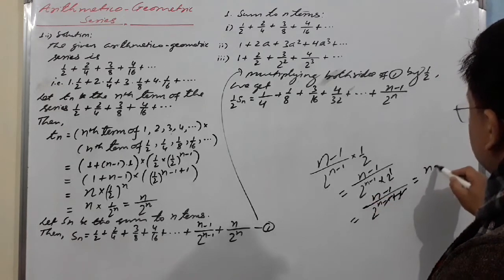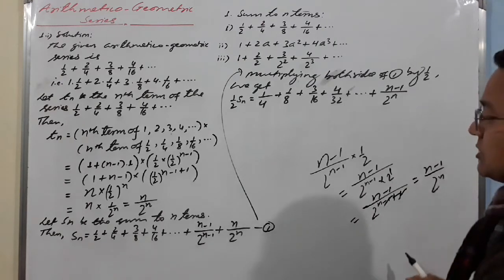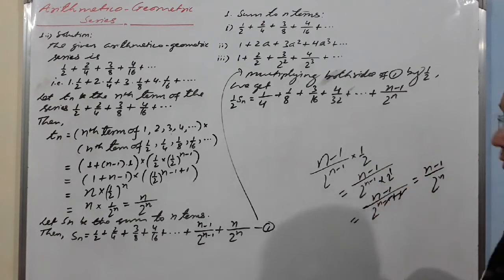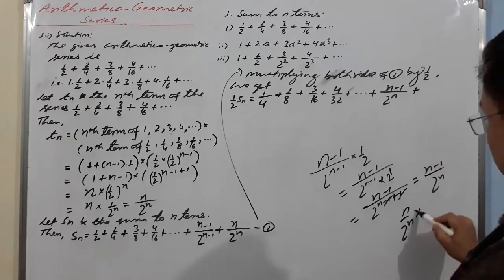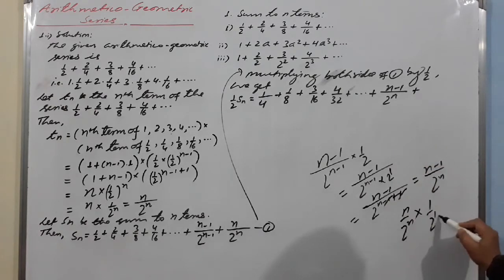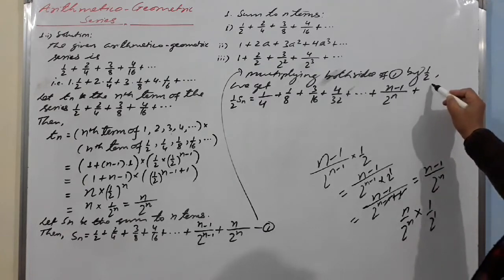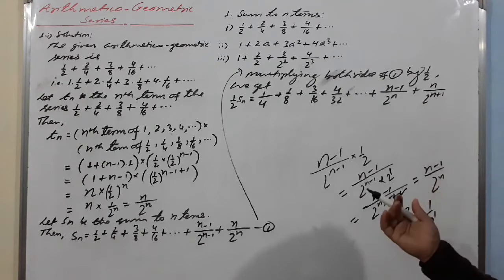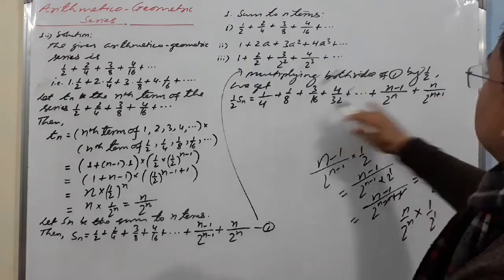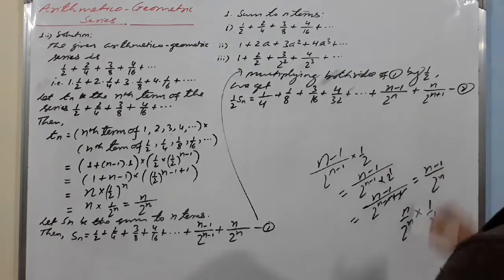You will get n minus 1 upon 2 raised to n. Just the same thing I have done here also. And plus n by 2 raised to power n times 1 by 2. So here the powers add, n plus 1. You will get n over 2 raised to power n plus 1. Alright. So just multiply it. We will get this line. You can say this one is the second.